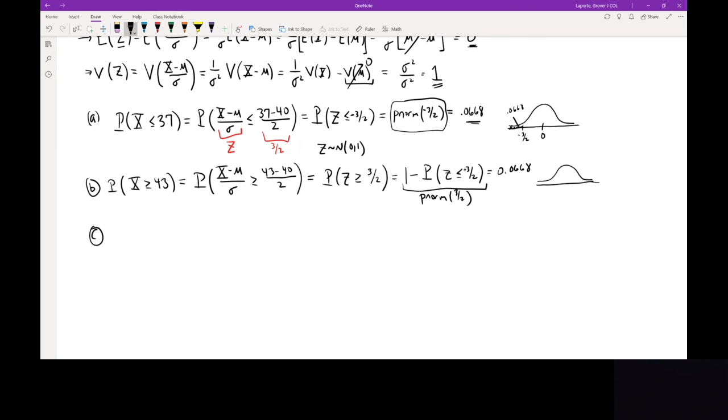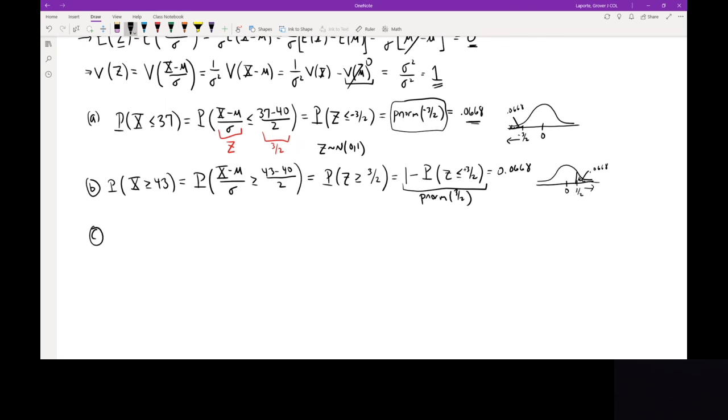Not drawing to scale, I apologize. And this one's 3/2, this one's 0, and the probability in here is 0.0668. Which makes sense, right? If it's a symmetric distribution, then the amount of probability on this side is equal to the amount of probability on that side.